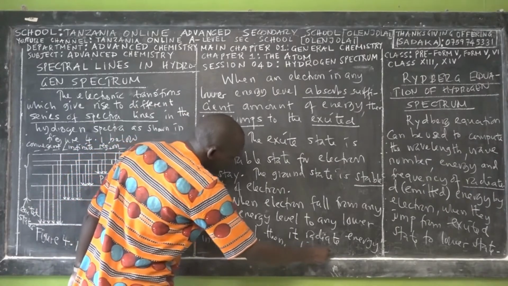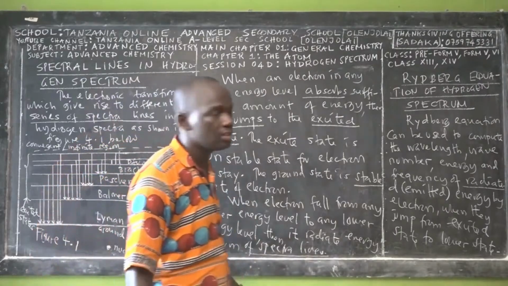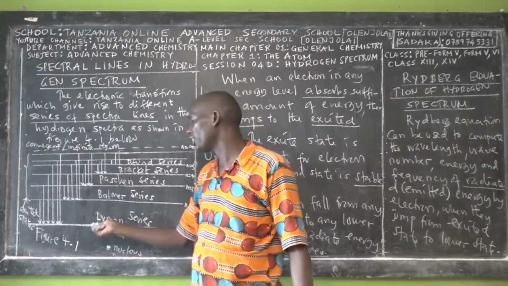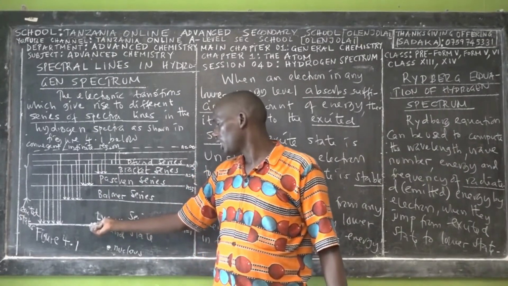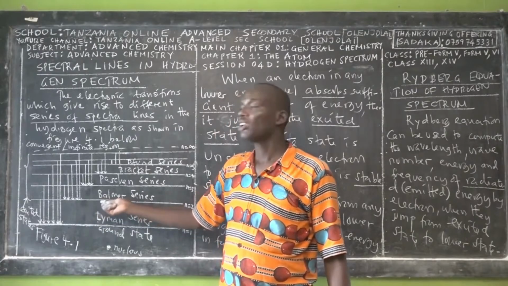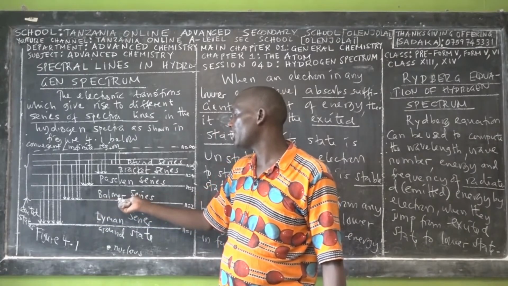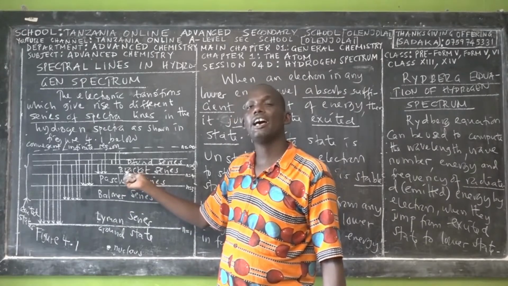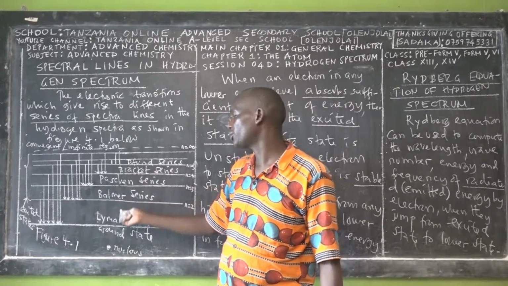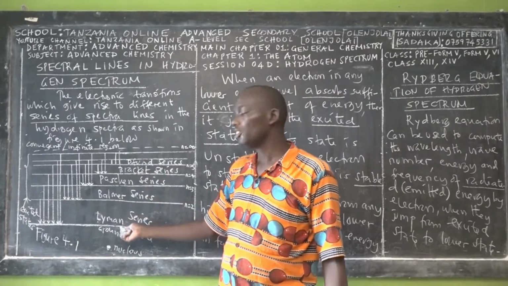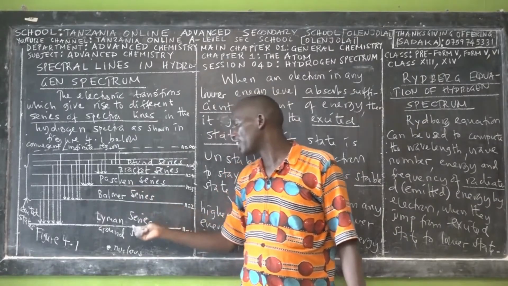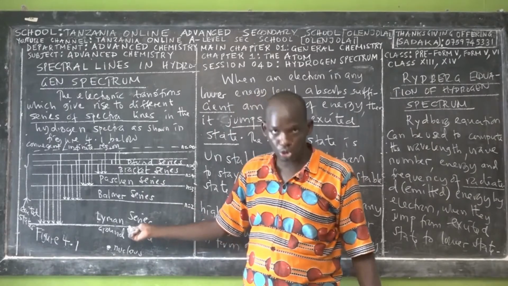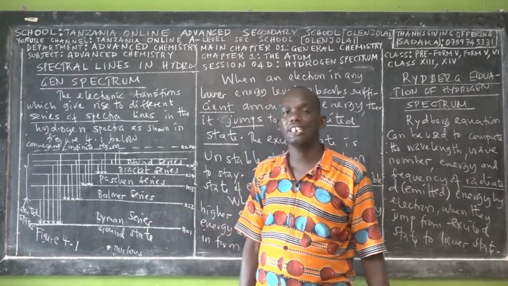So when electrons in this energy level absorb a sufficient amount of energy, that will make them jump from n equals 1 to n equals 2. When electrons in the Balmer series absorb sufficient energy, they can jump into the Brackett series, but this is an unstable state. So electrons will prefer to return into the stable state. In order to return, they have to radiate the energy which they absorbed when in the ground state.